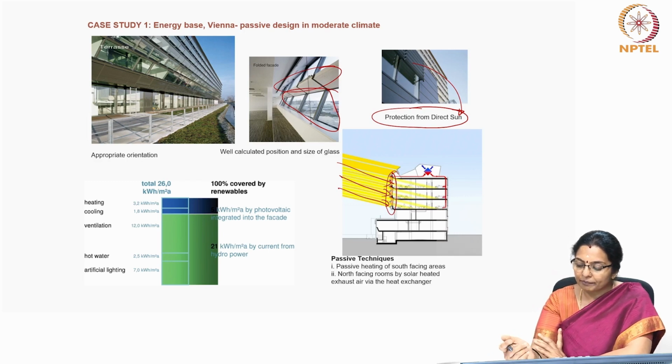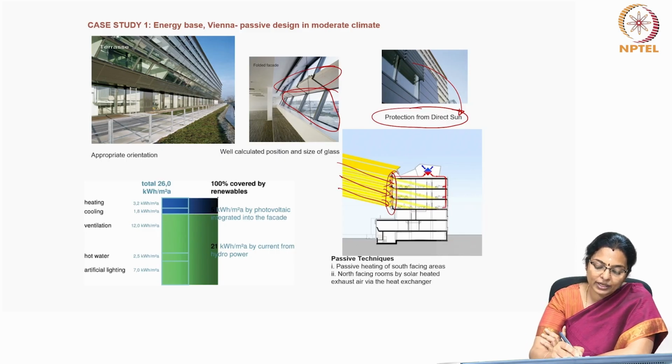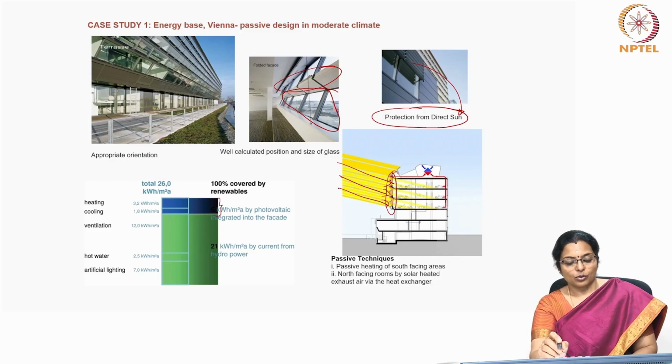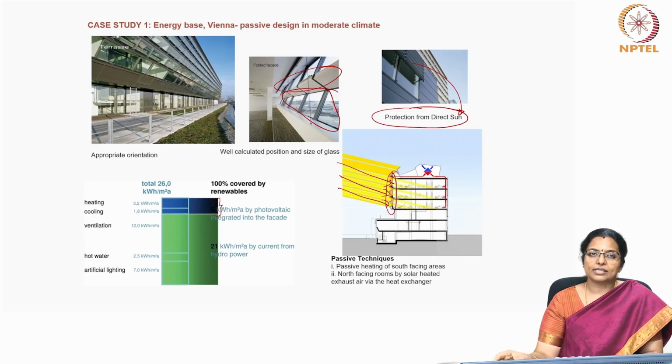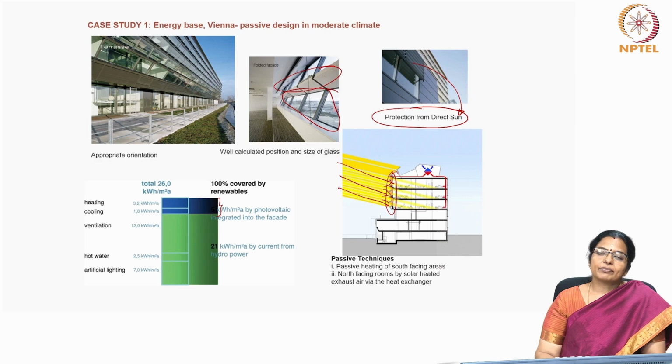North facing rooms are heated by solar heated exhaust air via a heat exchanger. So, because of this, 100% coverage by renewables for heating and cooling happens in this building. Hot water, heating the building, cooling the building, everything gets covered by renewables. So, these are the simple passive techniques used in these two buildings.